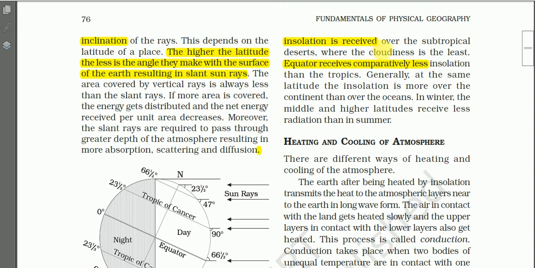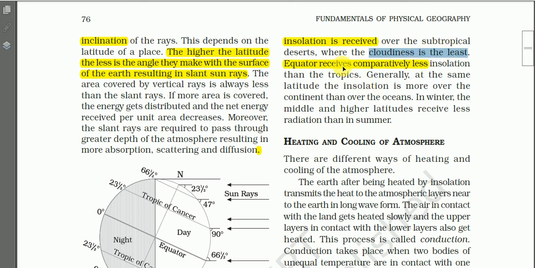A maximum of this insolation is received over the tropical deserts, over the Sahara desert, the Atacama desert, and the Kalahari desert. In the desert areas we find maximum insolation because the cloudiness is the least. We find fewer clouds and get bright sunshine.